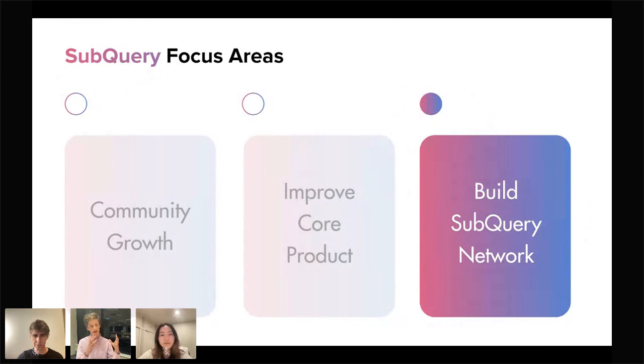How to take a working project that has been built and many users, there are millions of requests each and every day, there are more than 60 projects using it, how to take this working project and then adapt it to the decentralized and tokenized ecosystem. And that is obviously the SubQuery network.